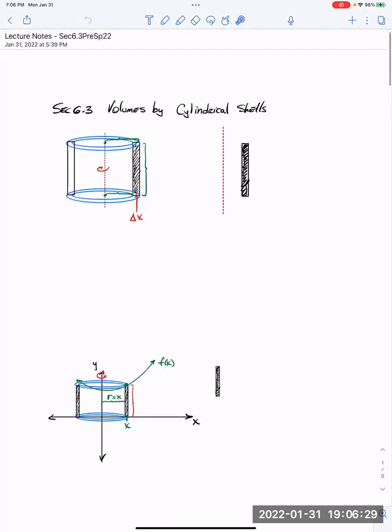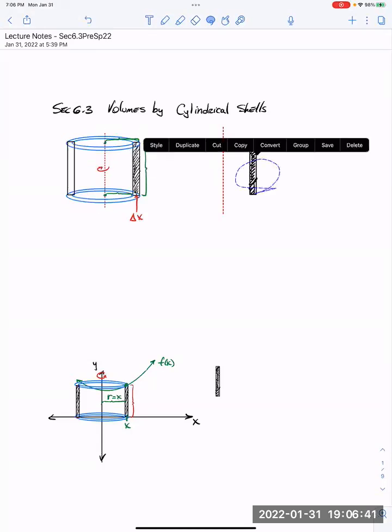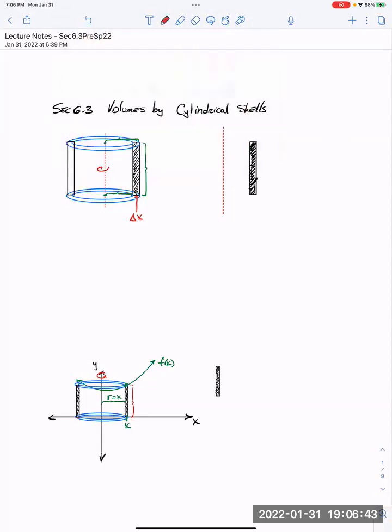When you rotate around here, you create what we call a shell. So taking this partition, rotating about this axis, we get what we call a shell. It's hard to see, but here's the visualization here.